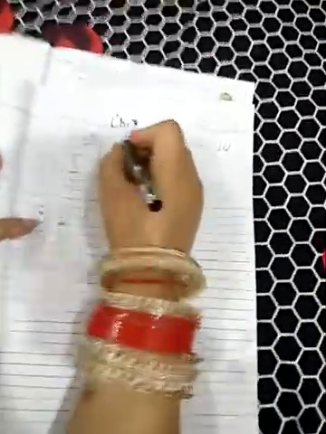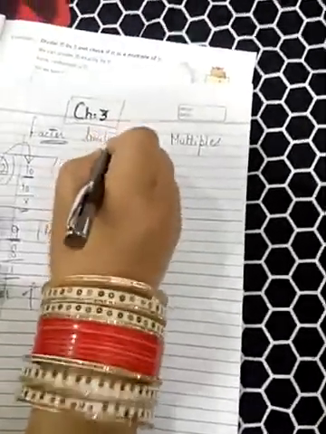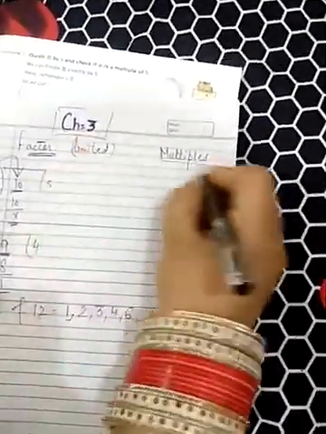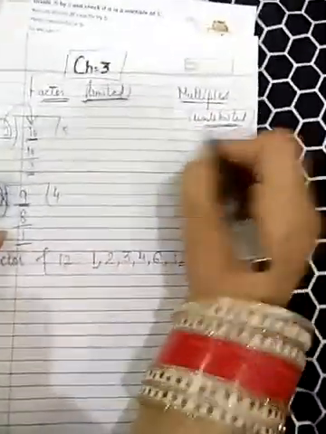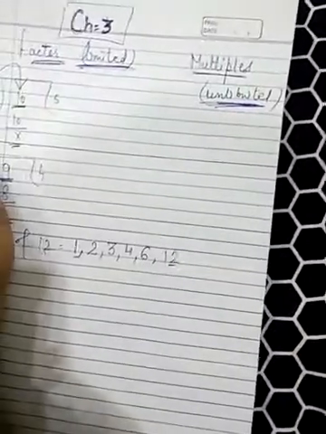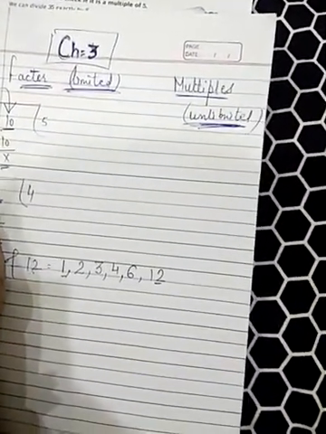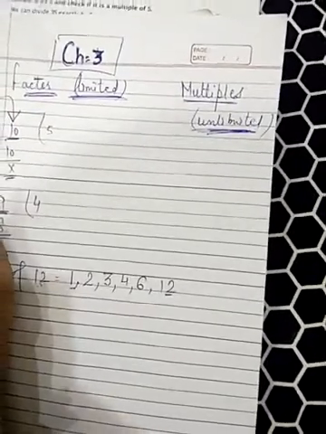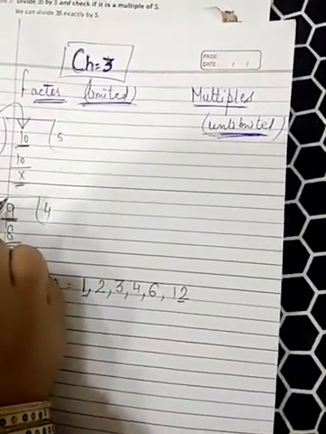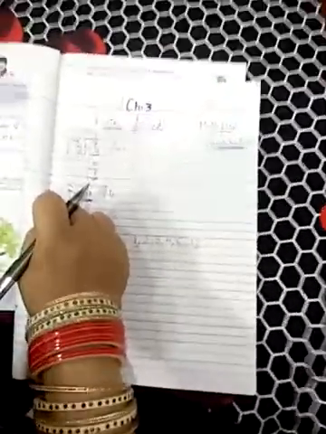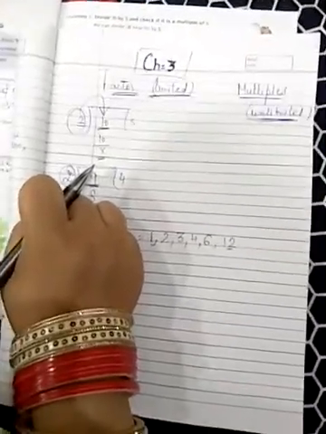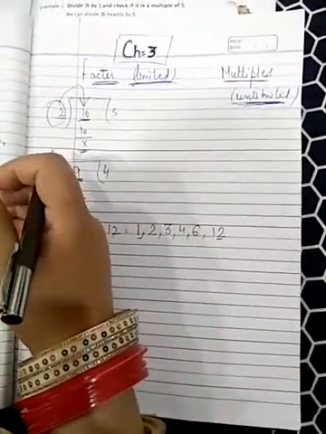Factors are limited but multiples are unlimited. If I ask you 5 multiplied 24, you will tell me the answer. If I ask you 5 multiplied 86, again you can tell me the answer. If I ask you 5 multiply 107, still you can answer me. So multiples can be unlimited, but factors are limited.